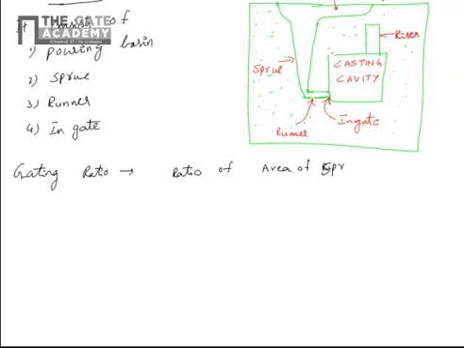Area of sprue is to area of runner is to area of ingot. In simple terms, it can be area of sprue is to area of runner is to area of ingot. So this is called gating ratio.